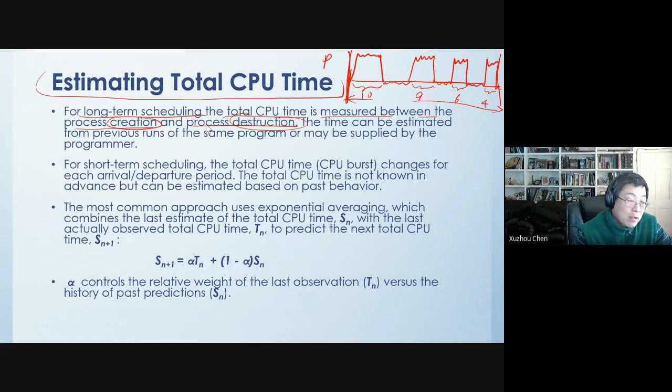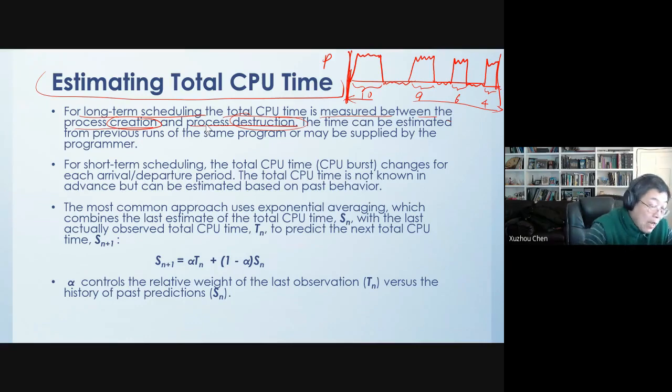Now the overall CPU time, if you start the same program, for example, every time you start to run a computer game, you double click the icon, the program starts, the process starts to run, and once you finish the game, it terminates, and you can measure the total CPU time.